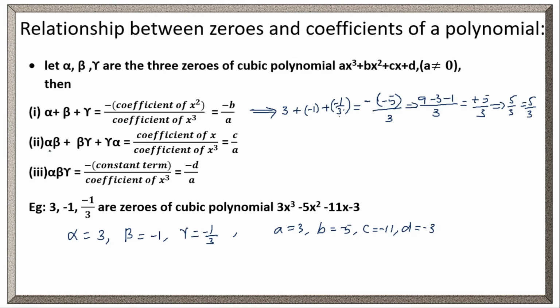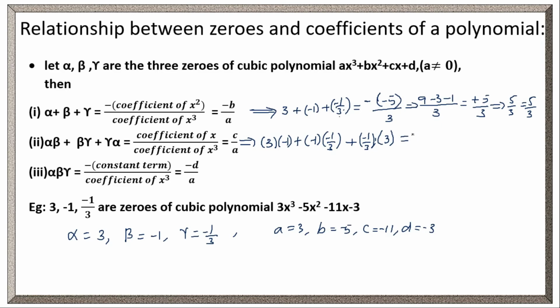Clear? Now alpha beta plus beta gamma plus gamma alpha equal to c by a. Let us see. Alpha beta means 3 into minus 1 plus minus 1 into minus 1 by 3, gamma value, plus minus 1 by 3 into 3, equal to c by a, right?